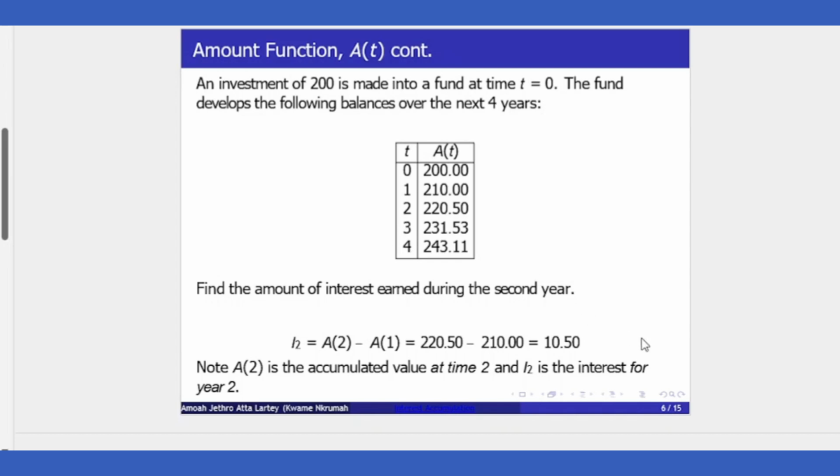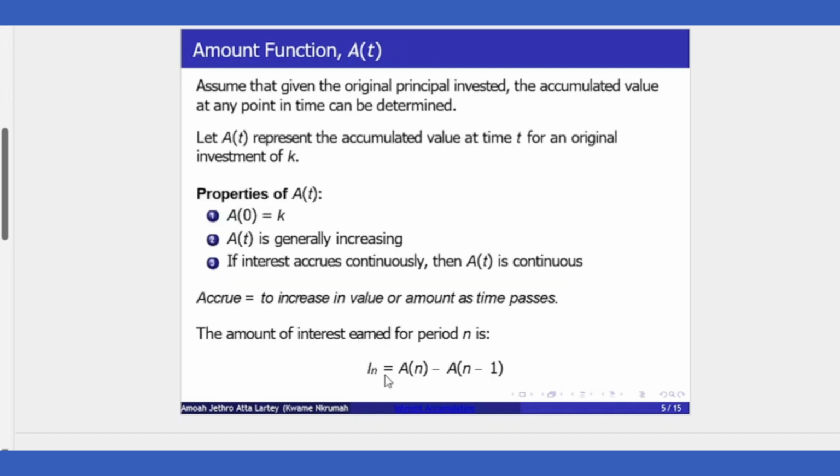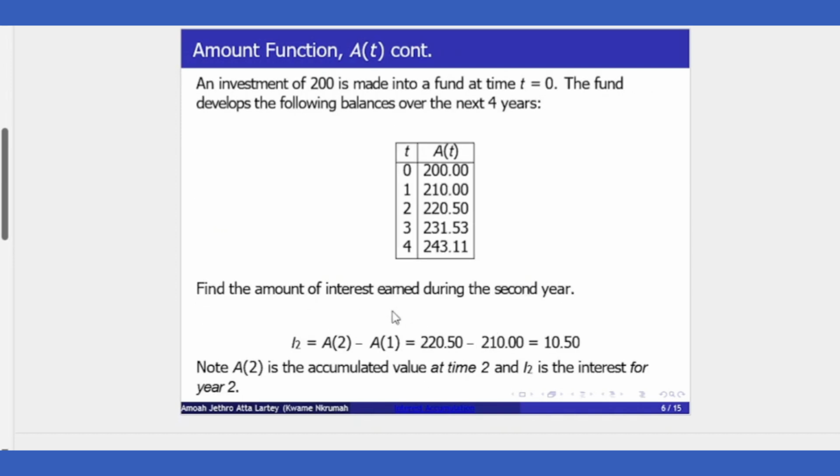So in the previous slide, I said to find the amount of interest, that's A of n, the amount at that time minus the previous amount. So here, to find the interest earned, that's the amount at time 2 minus the previous amount, which is the amount at time 1, which is 220.50 minus 210, which is equal to 10.50 cedis, dollars, or any currency that you want, okay?